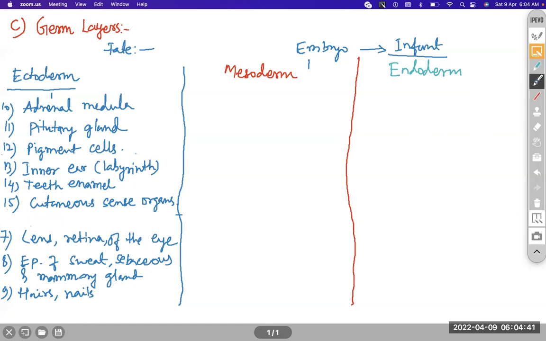Now endoderm से कौन कौन सेल्स और स्ट्रक्चर्स डिराइव होते हैं?